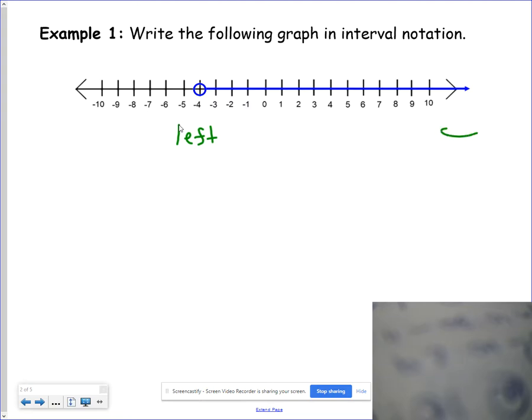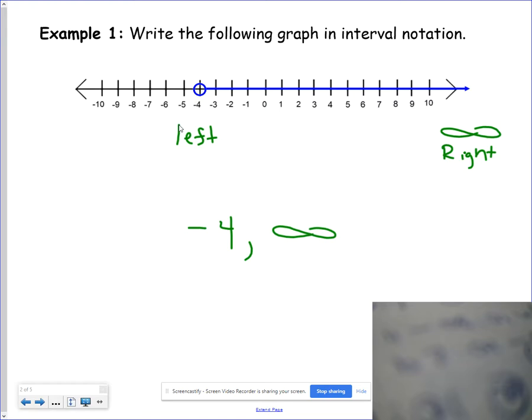So this is going to positive infinity. So that's my right number. So I'm going to write my left number first, which is -4, and then comma, my right number, which is infinity.